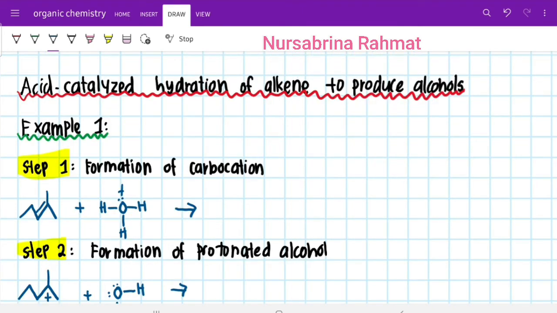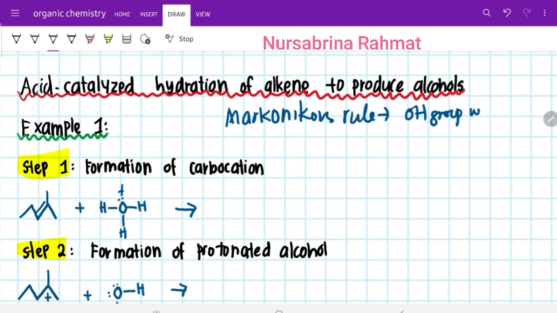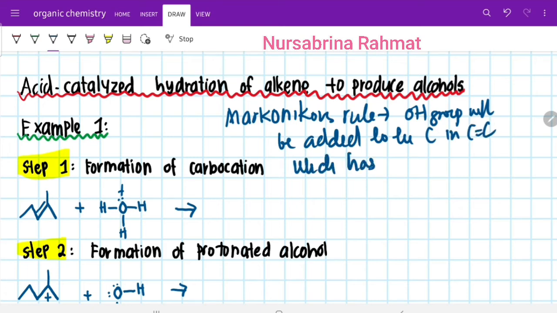Right guys, so now I'm going to show you the reaction mechanism for acid-catalyzed hydration of alkenes to produce alcohols. This reaction will obey the Markovnikov rule, which states that the OH group will be added to the carbon in your carbon-carbon double bond which has less hydrogen.